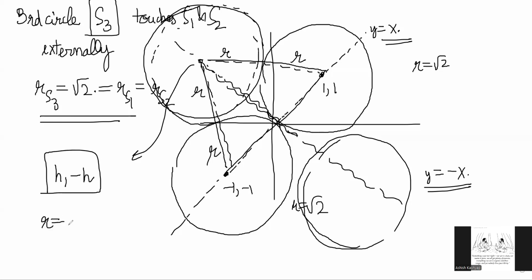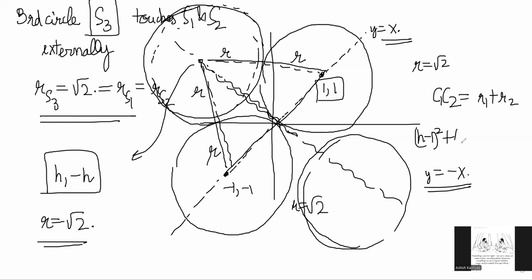And the radius of the third circle is root 2. So using the condition again, C1, C2 is equal to R1 plus R2, and let's take C1 as 1 comma 1. We'll do h minus 1 whole square plus minus h minus 1 whole square, root over, is equal to 2 root 2, right?